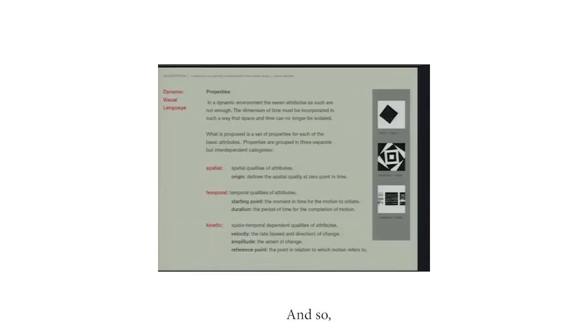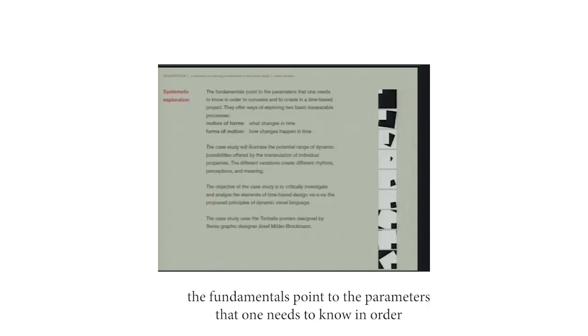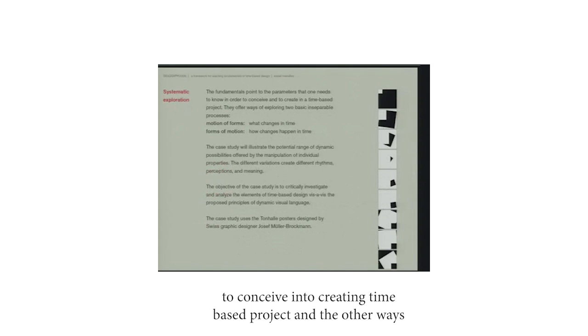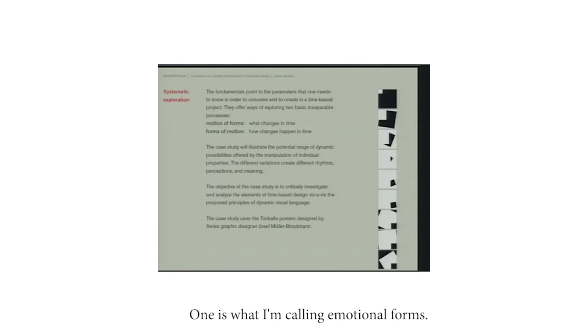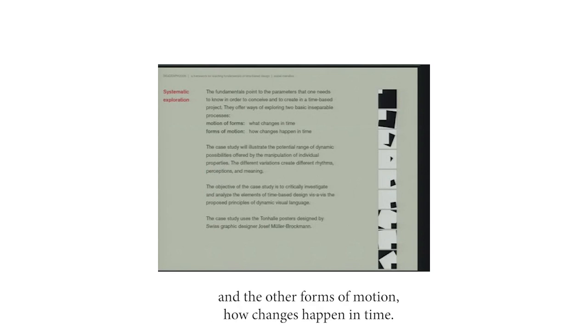And so the fundamentals point to the parameters that one needs to know in order to conceive and create a time-based project, and they offer ways of exploring two basic inseparable processes. One is what I'm calling motion of forms, in other words, what changes in time, and the other, forms of motion, how changes happen in time.